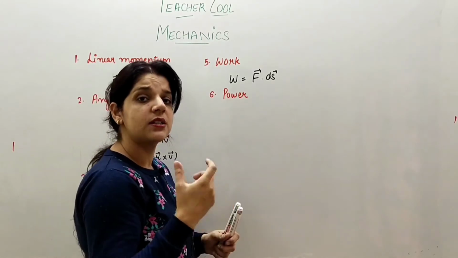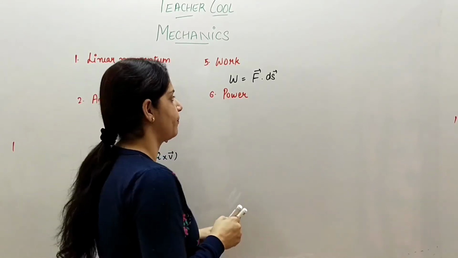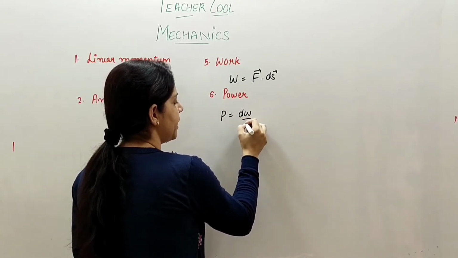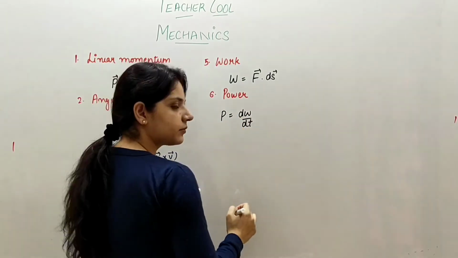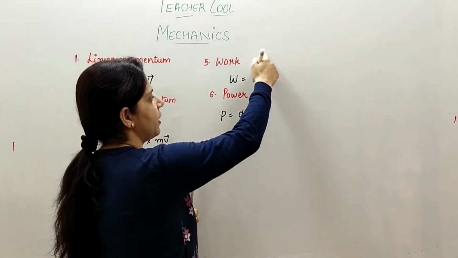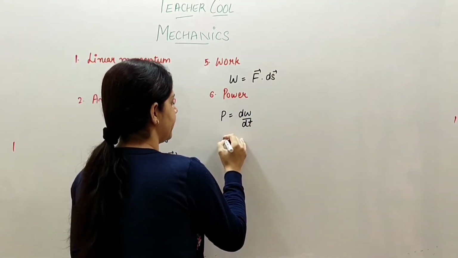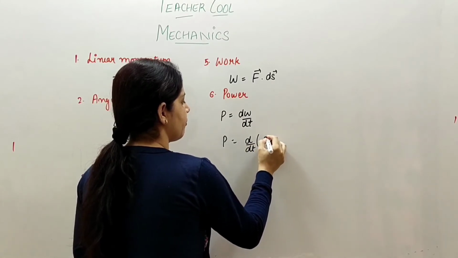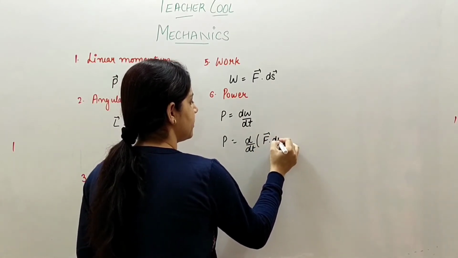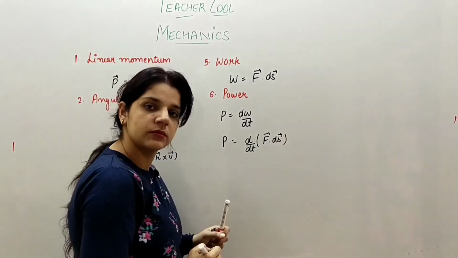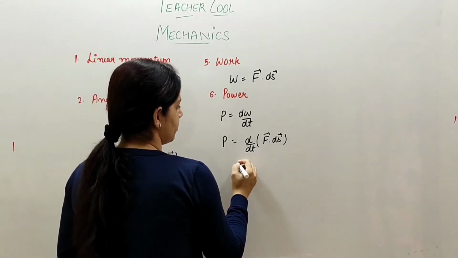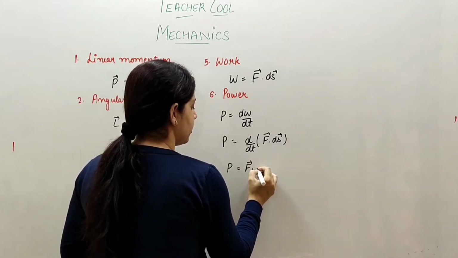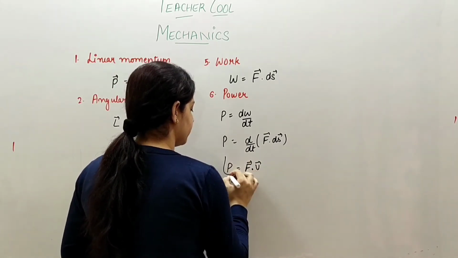Power we all know, it is the amount of work done per unit time. So I'll write power is equal to dw by dt, right? I'll substitute the value of work over here. So I'll get power is equal to d by dt of F vector dot ds vector, so I'll get power is equal to F vector dot V vector.